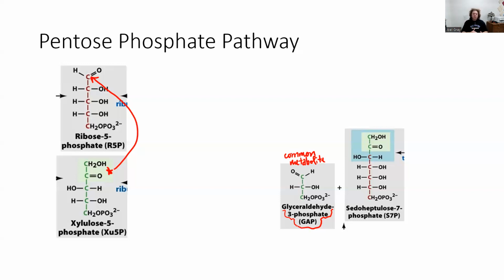Well, what if you have too much glucose, not an excessive amount, but too much? One thing you could do is take that glucose, phosphorylate it one time, and redirect it towards the pentose phosphate pathway.